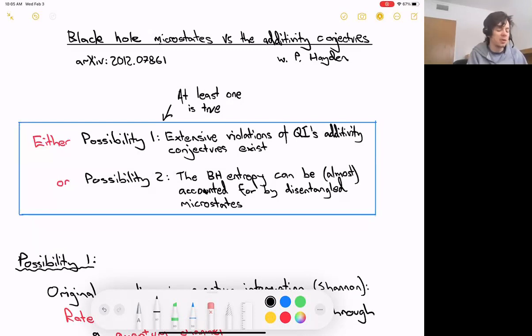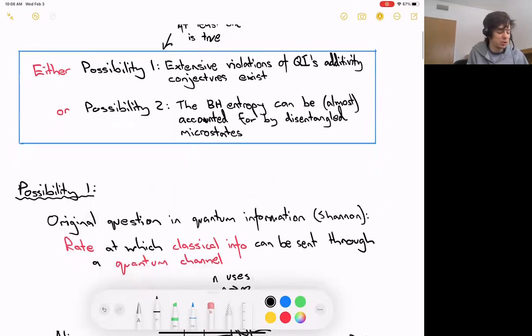And then I'll talk a bit more about, if possibility 2 is true, what does it mean about black holes, and how does it connect to a lot of things being talked about over the last decade or two, firewalls, fuzzballs, all that speculative stuff, and what it maybe hints about how that might work. Okay, so let's start with possibility 1.